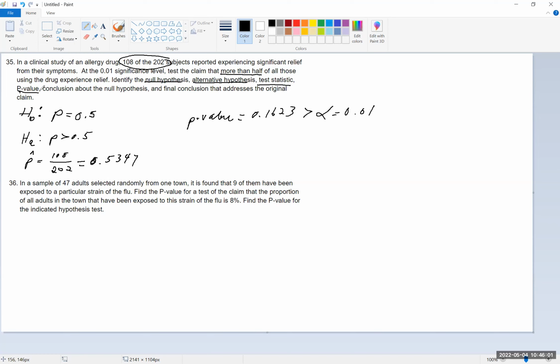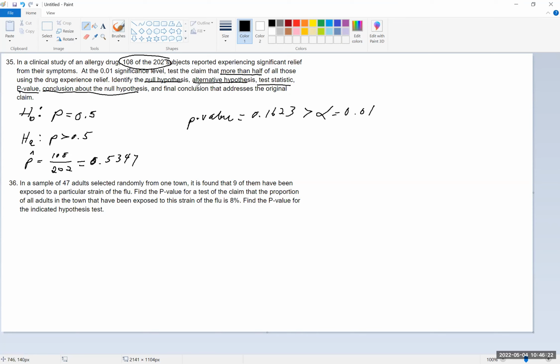Therefore, this would be the conclusion: there is not enough evidence to reject the null hypothesis. We cannot reject the null hypothesis.